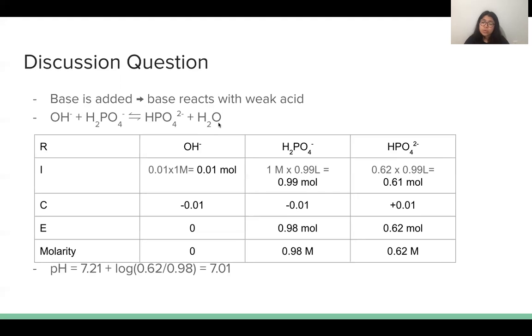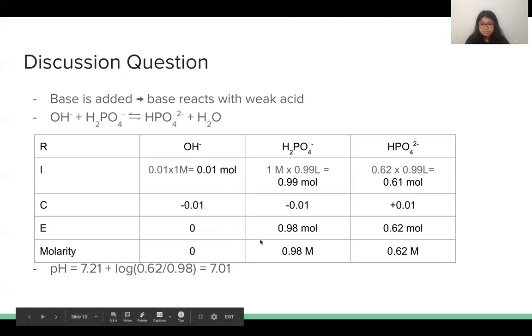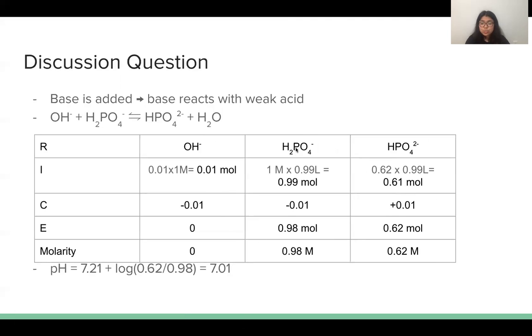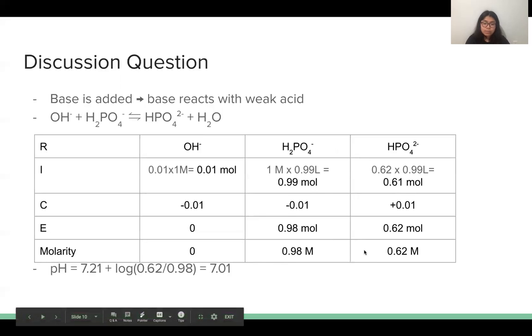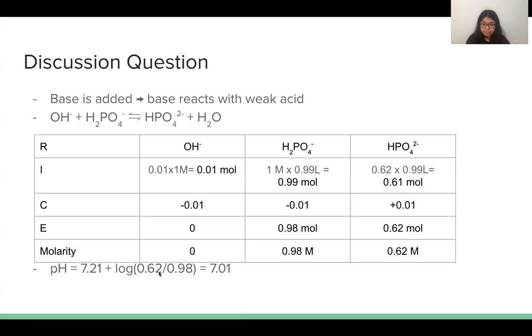It would skew our results if we added it. Remember, H2PO4- is our acid, HPO4 2- is our base, and when we obtain the concentration, we can plug it into our Henderson-Hasselbalch equation once again, and that's how we get 7.01.